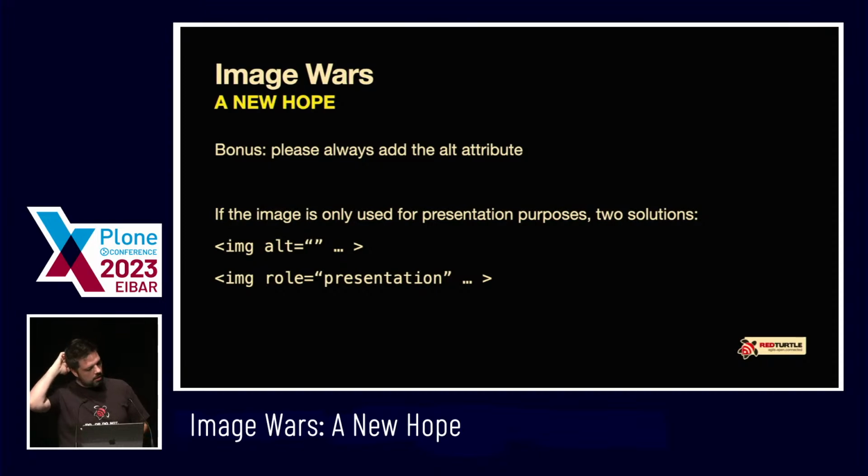And it's equally okay, instead of having the alt attribute, to say the role of this image is just presentational. Yeah, this is very, very important. And while it's not a matter of performance, I wanted to stress it.